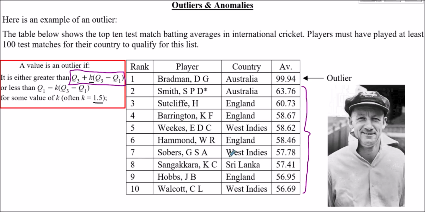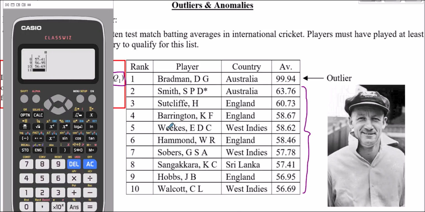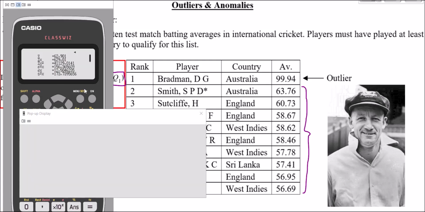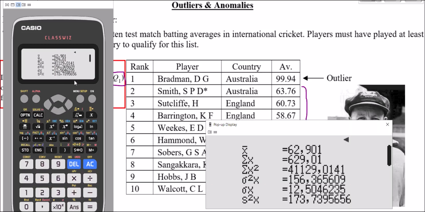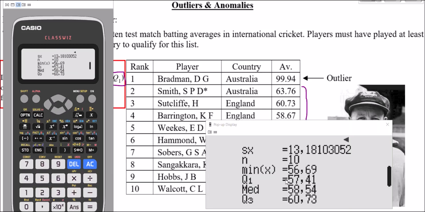So let's go back to the calculator and compute the quartiles. So once we've typed in the values, remember we press AC, then OPTN, and option 2. So I'll now make this screen bigger so you can see it clearly if you're watching on your phone or laptop at home. So press down, and Q1 is 57.41, so we'll write that down.